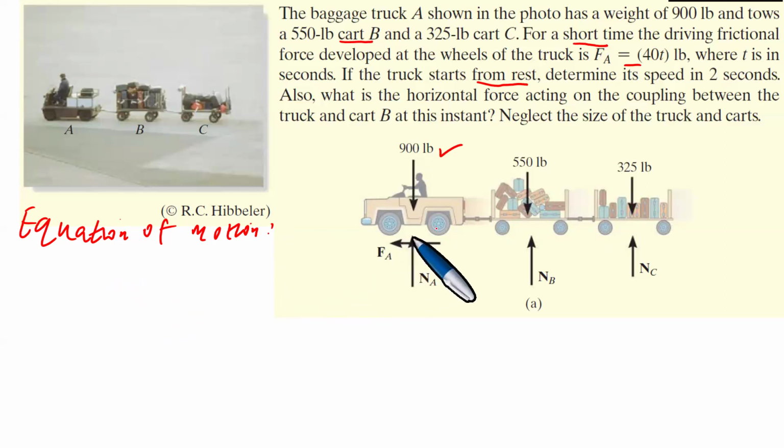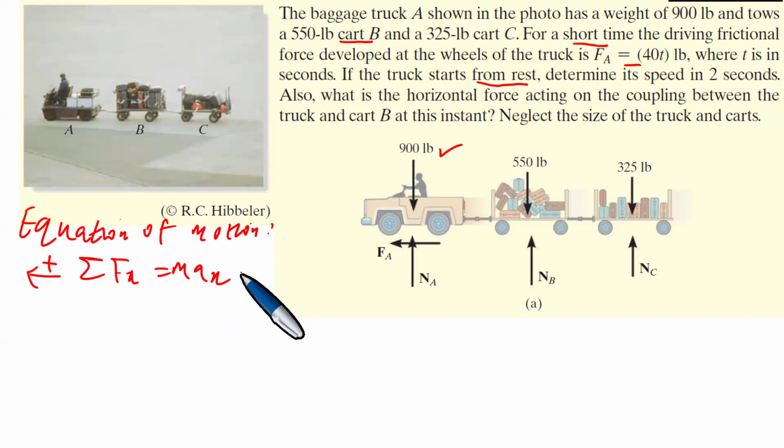When this baggage truck is pulling everything, we take the original direction as positive, so that the summation of Fx is equal to m a x. Like this. So that in the end, we would get the following. FA is therefore 40T. So you'd have 40T, which is actually the force FA.